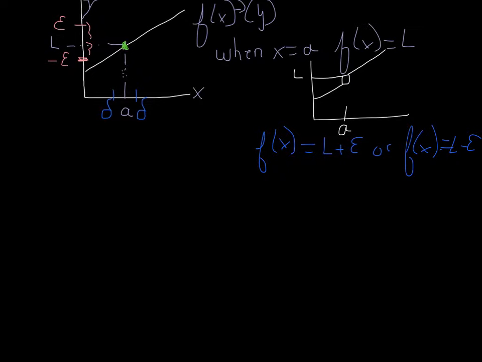So the y value we want is really close to L, but not exactly on it. And the x value that we're using is actually being changed by delta. And so the x value is either a minus delta or a plus delta. And that's our x value that we're going to talk about.